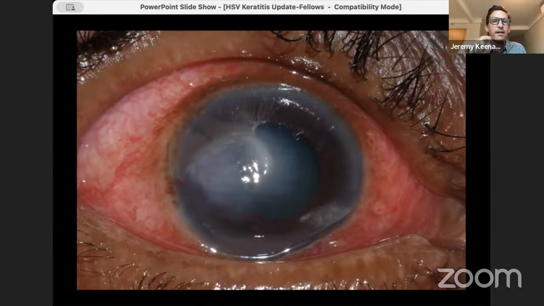But in the case of necrotizing stromal keratitis, there is live virus, and it's kind of like a combination of an epithelial disease plus a stromal disease. And these also, in my experience, are kind of more likely in people who might be immunocompromised and where their immune system is not able to clear the virus very well.